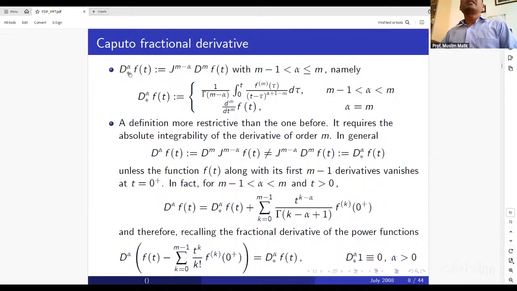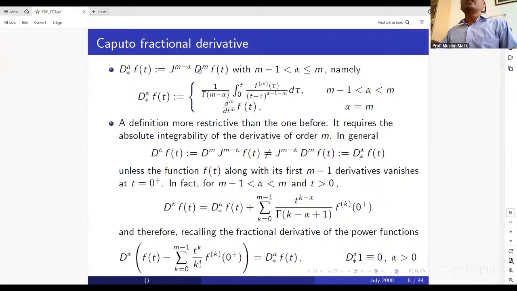So in this way we can see that D^alpha star f(t) is equal to J^(m minus alpha) applied to the mth derivative of f(t). So we can see that this satisfies the properties of the integer order derivative and integer order integral. Also, if we just take f(t) equal to some constant number, then the integer derivative of a constant number will be 0, and the integral of the 0 function, either integer order or fractional order, will be 0.